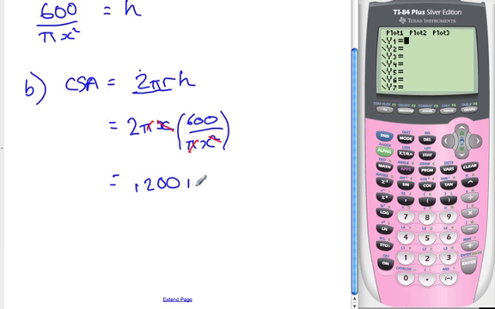Okay, so all we're left with is that over x. Okay, that's our expression for the curved surface area. So that was B part 1. Okay, and then B part 2.